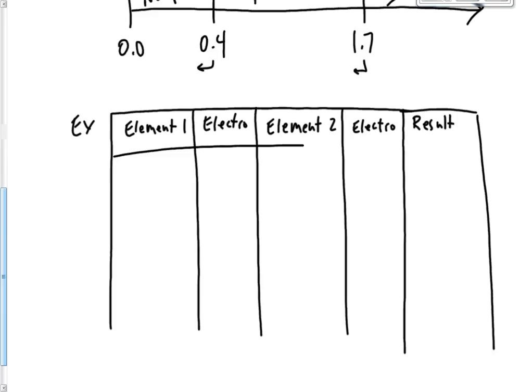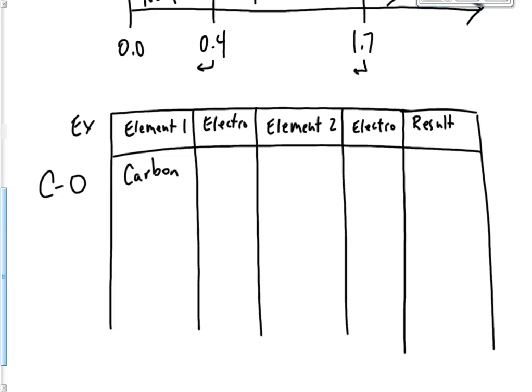So let's just do a couple of examples. Let's say we have a carbon-oxygen bond. So the first one is going to be carbon, right? And then in your student assignment folder that I've shared with you, you have a periodic table that has all the electronegativity values on it. So you're going to have to look at that to determine what the electronegativities are.